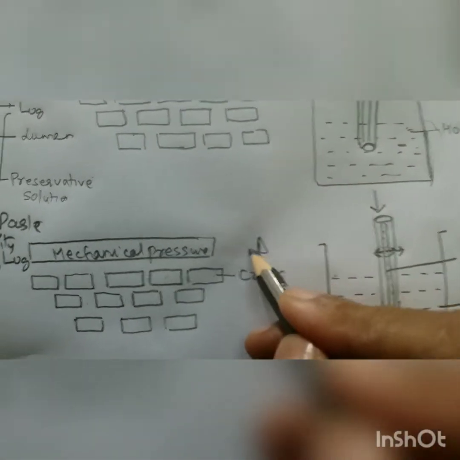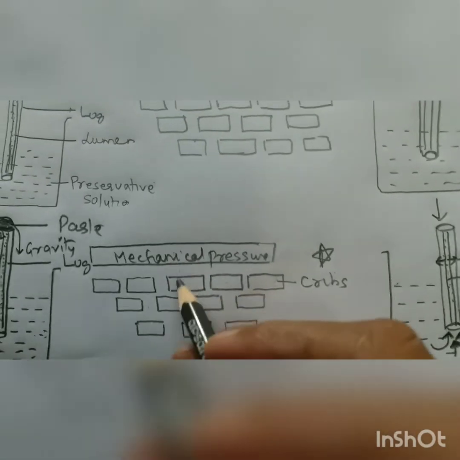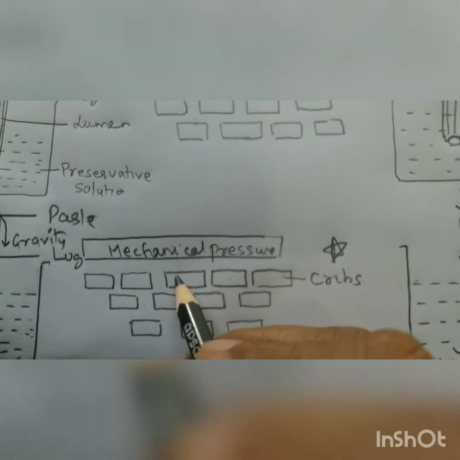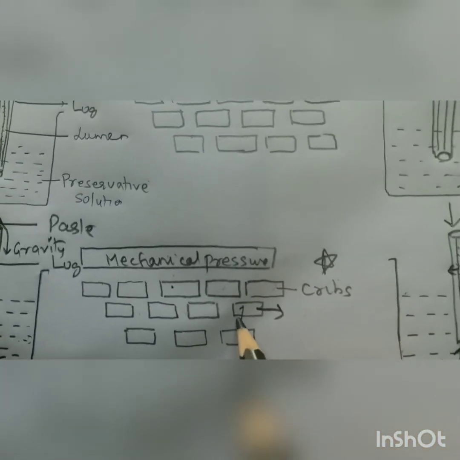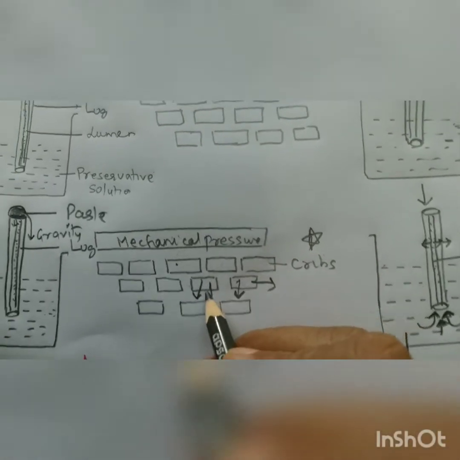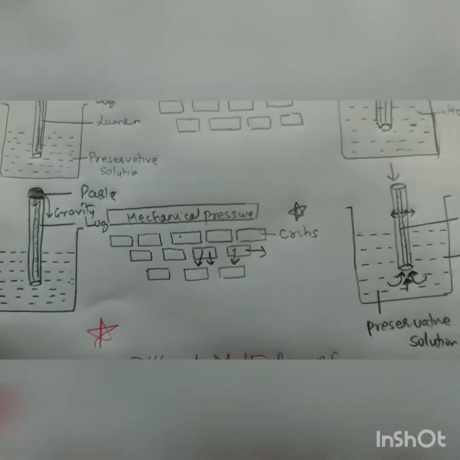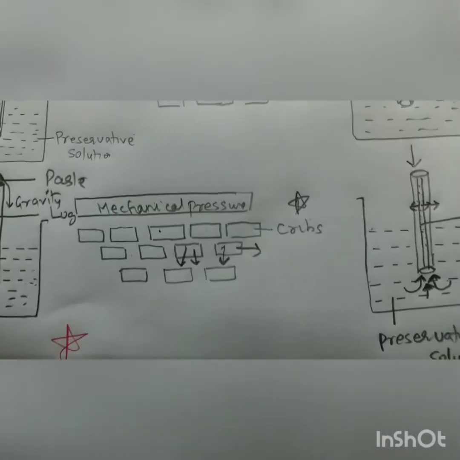This is called cribs. In order to get the moisture out of them, mechanical pressure is introduced, and because of that pressure it moves outside, because the outside air is dry. And this process is called mechanical seasoning, because mechanical pressure is involved here, right?